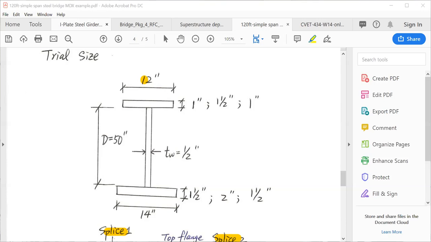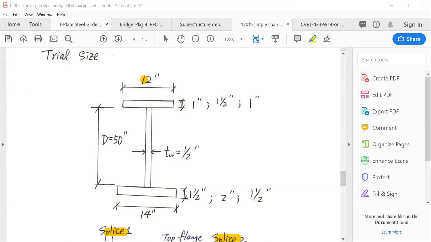The auto design is not the most economical option, as it provides too many flange sizes and web sizes, so this is not the optimized design. So usually we do not use this for design.